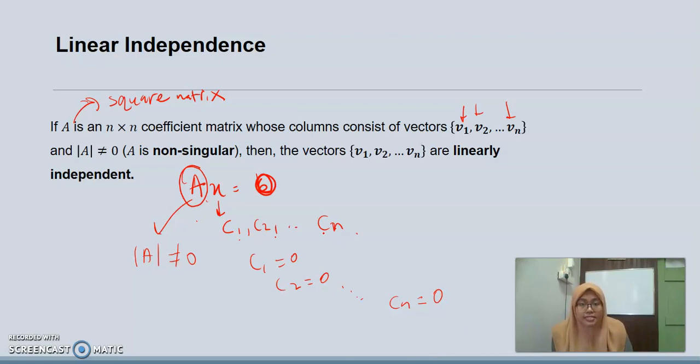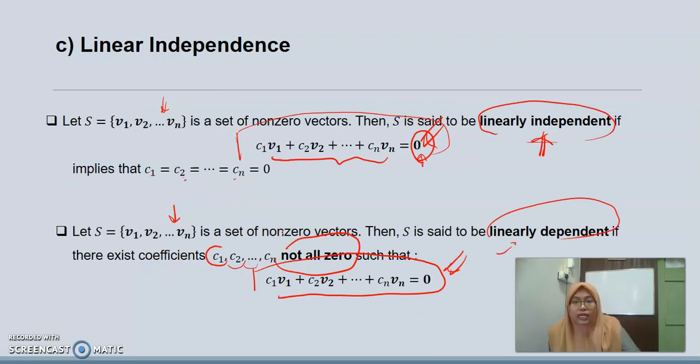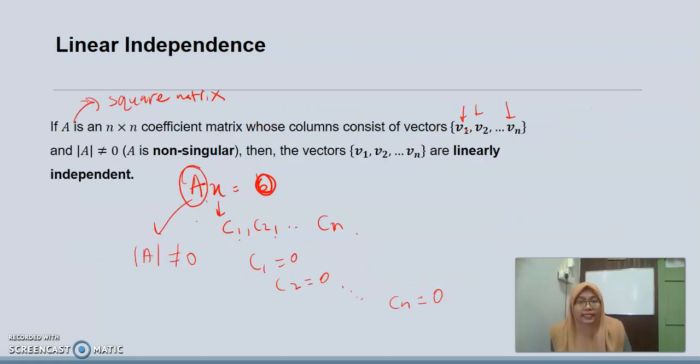So all values of C here are all 0. When all C values are 0, this implies that the set is linearly independent.